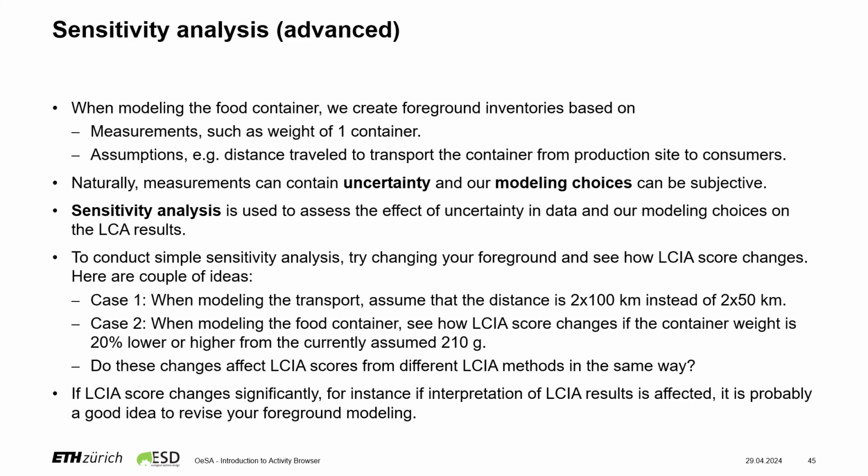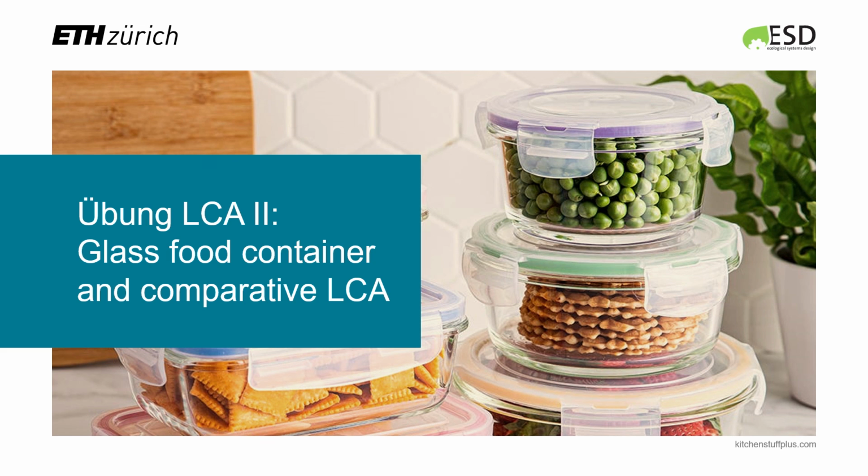And if some modeling choice is very, very important, then probably this is where you should focus. This is where you should know better. So you should research more or ask people who are producing food containers and so on.